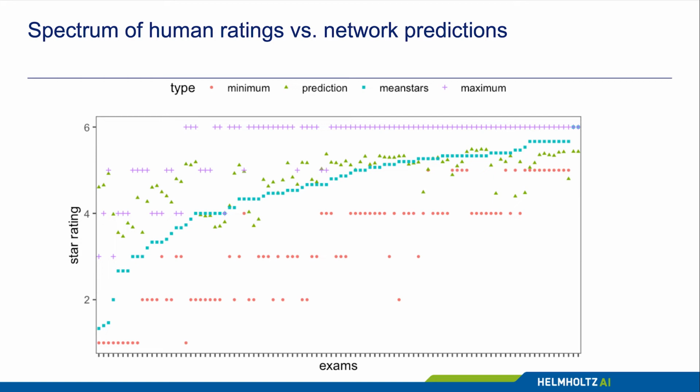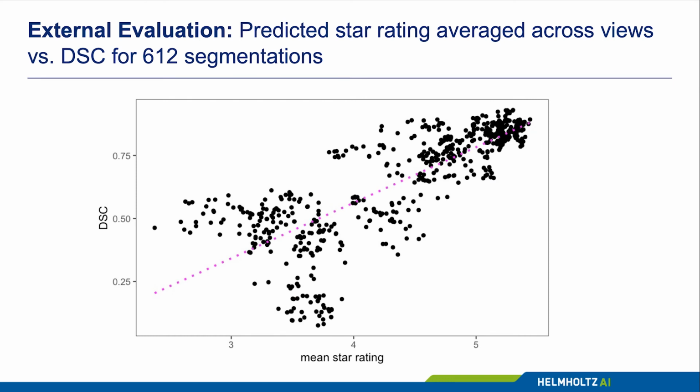Oh, I just realized that the model predictions are usually in the spectrum of human ratings. For most cases, the network predicts a star rating, green triangle, that lies between the minimum, red dot, and maximum human rating, purple plus. But how well does the model generalize to other datasets?